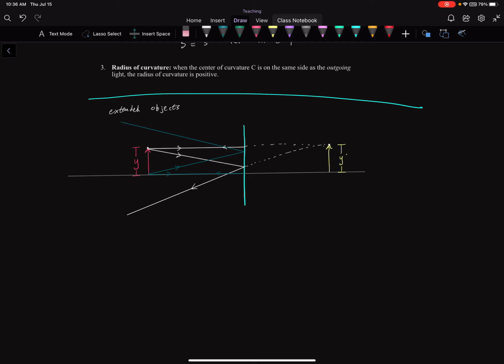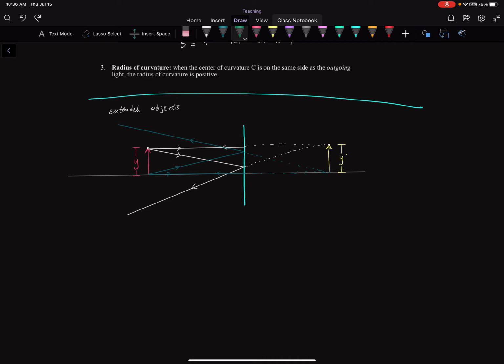I have to try to see if I can get my angles right, because this one is going to come back and intersect there, right? And if you were to consider any other point, say the midpoint of the arrow, you could do the exact same thing, going straight out, and then other example rays, and you would find that they all intersect at exactly the same point of the arrow on the other side of the mirror.